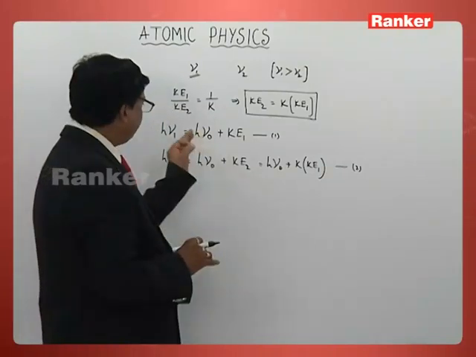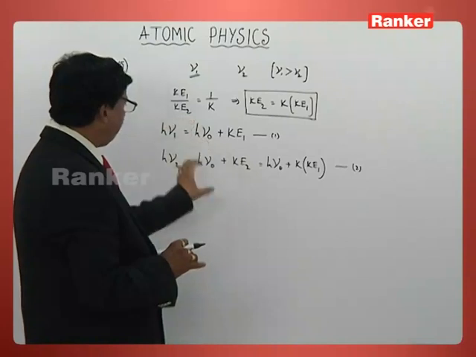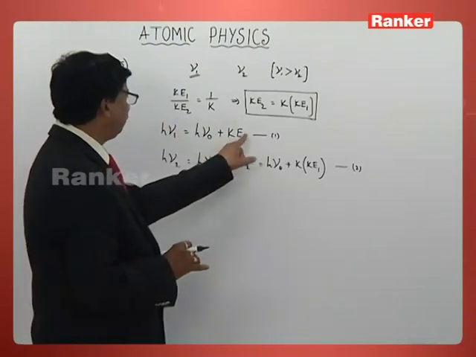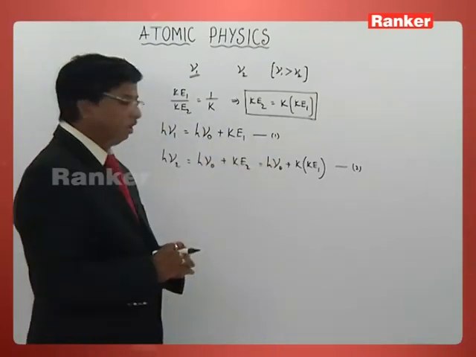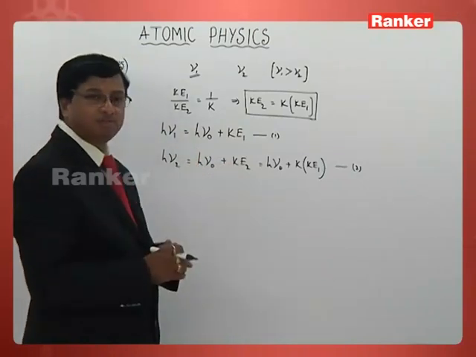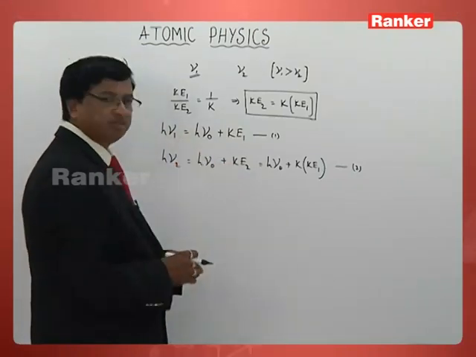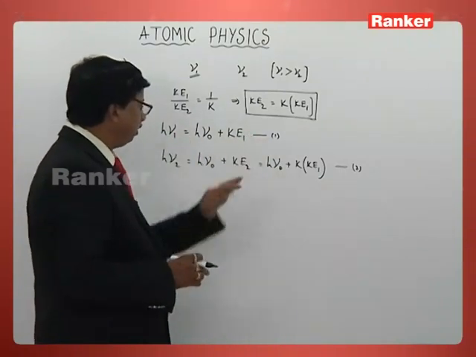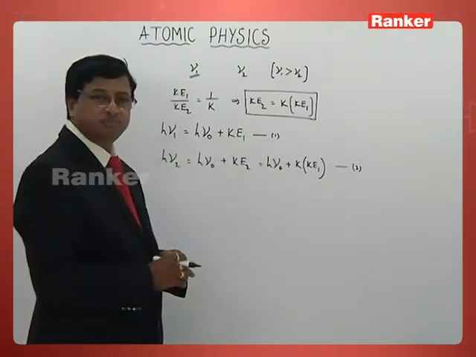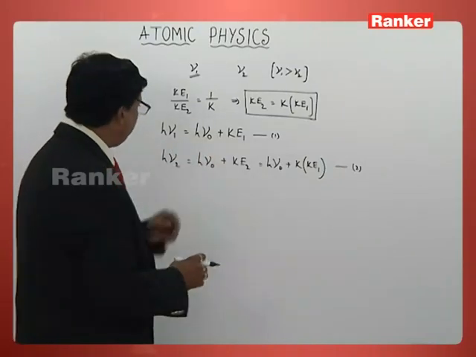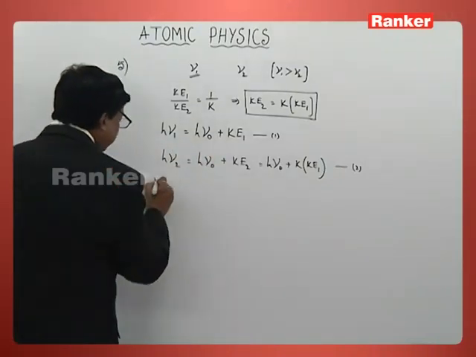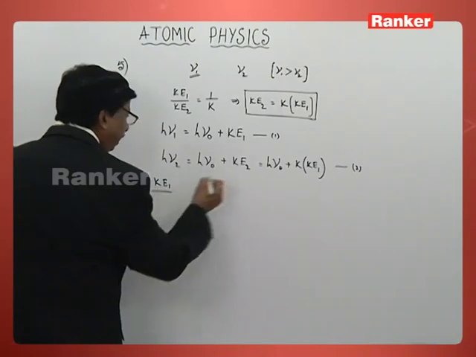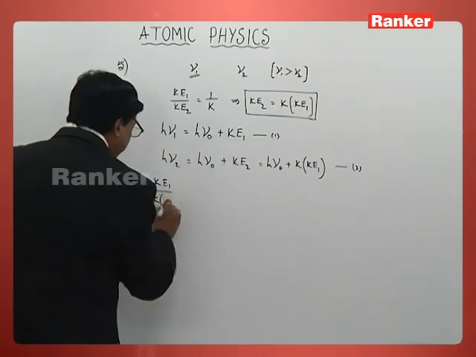To get the value of nu naught, it is better to directly substitute the value of Ke1 into this. That of course you can do in different ways. You can solve these two equations, otherwise directly write Ke1 and substitute it here and simplify. So what can we write now in this case, please? Ke1 by k times Ke1.